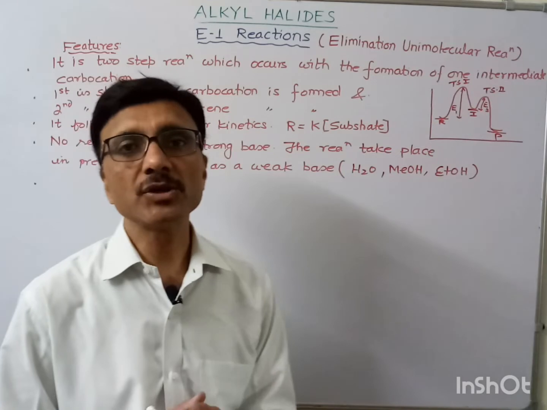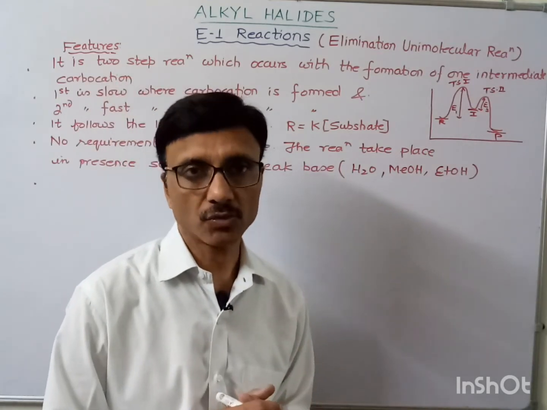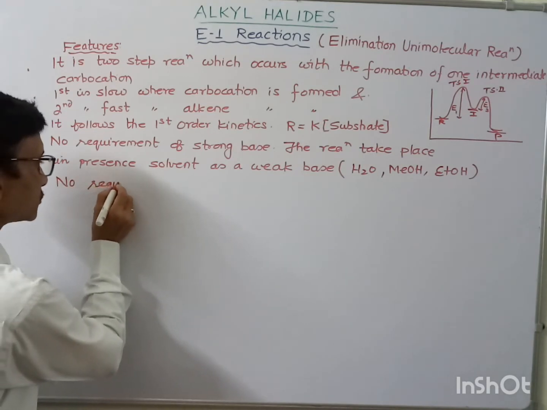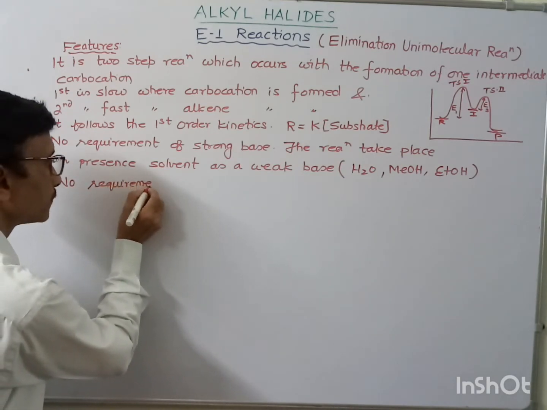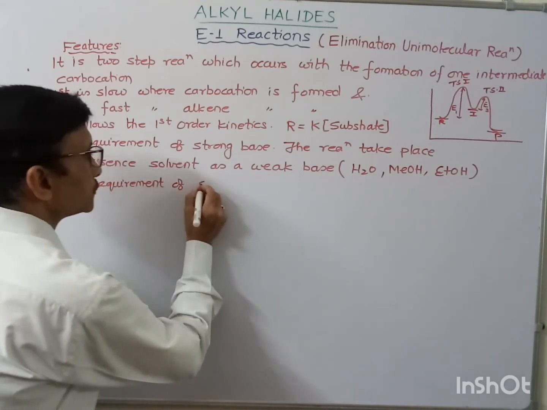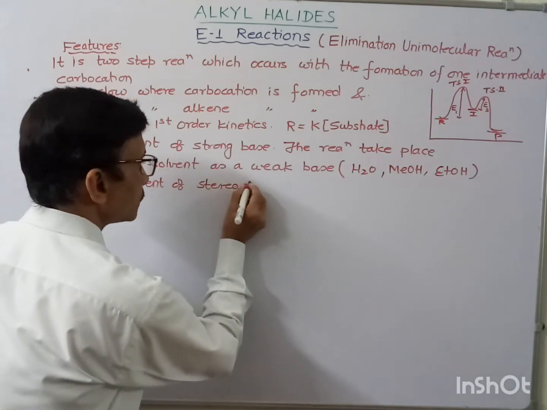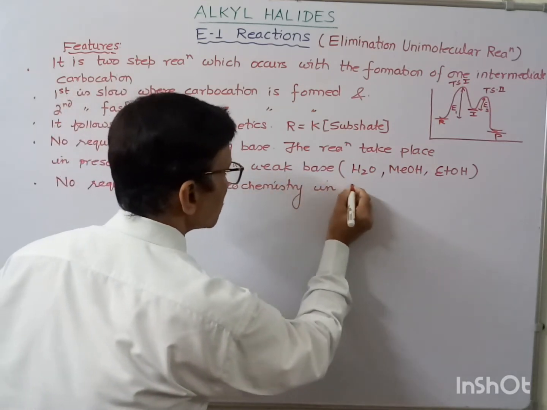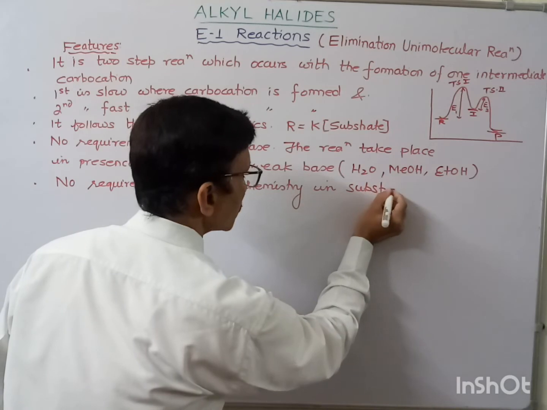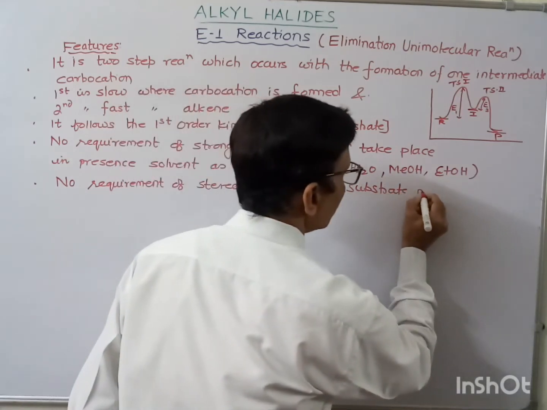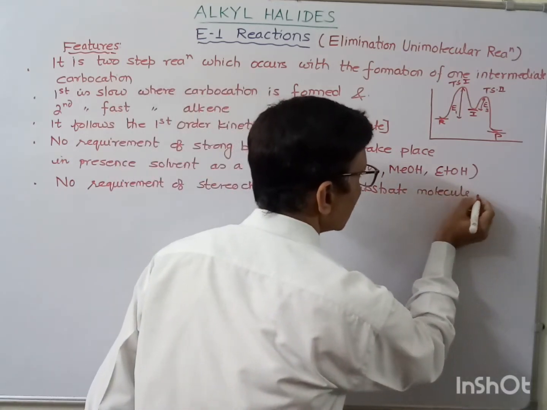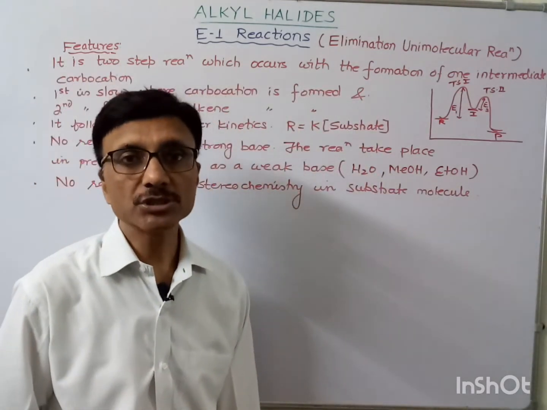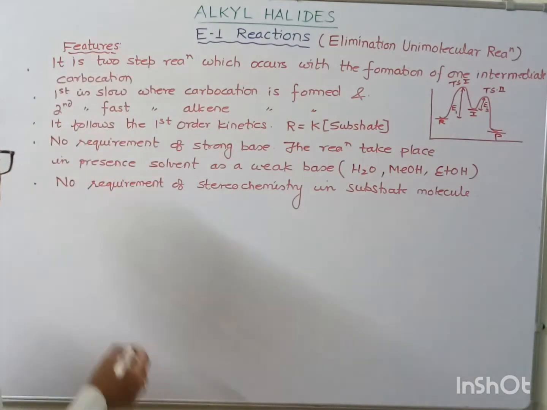Here there is no requirement of stereochemistry in substrate molecule. So in the substrate the leaving group and the beta hydrogen atom may be anti to each other, or it may be same to each other.